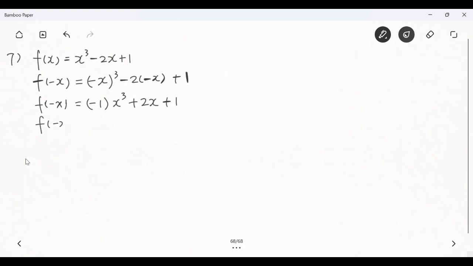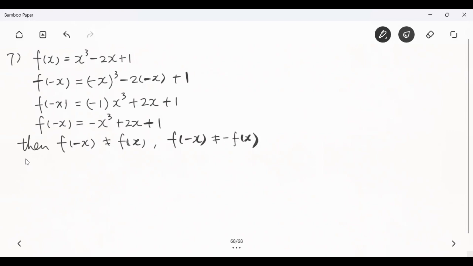And the next step is simplify. So that means negative x cubed plus 2x plus 1. So we compare the last function with the first function. Then we found f(negative x) not equal f(x), right? Because the first term is opposite, the second term is opposite, but the last term is the same. So it's not equal, and also f(negative x) not equal negative f(x), right?